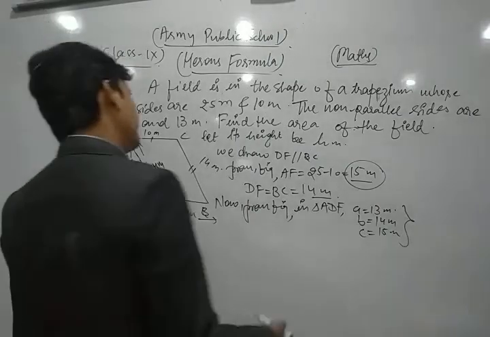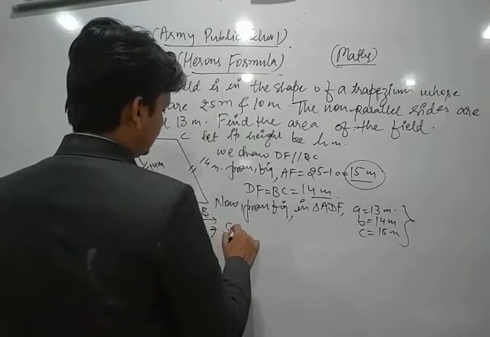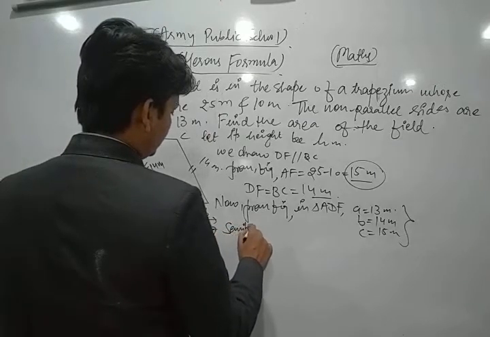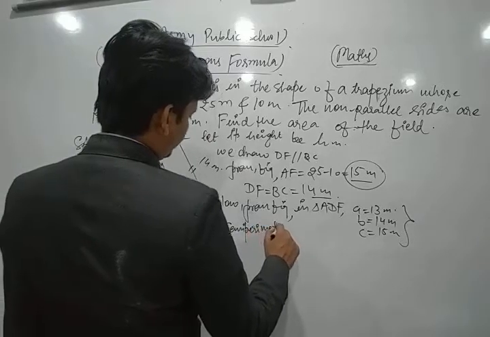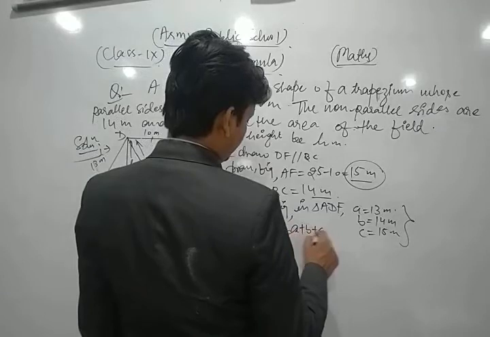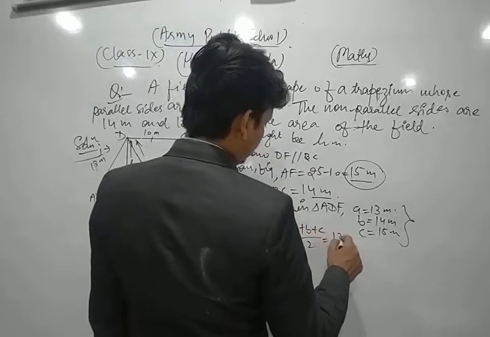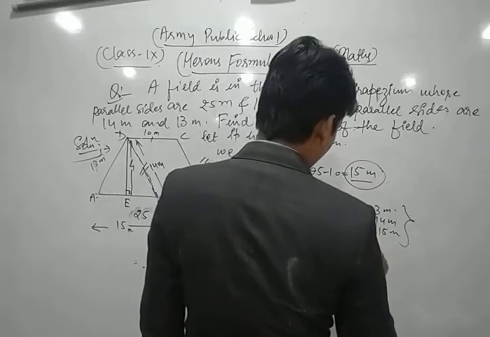For finding the area of triangle ADF, first we find the semi-perimeter. Thus the semi-perimeter is (a plus b plus c) by 2. So this is 13 plus 14 plus 15 divided by 2.